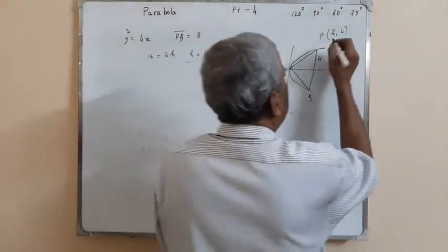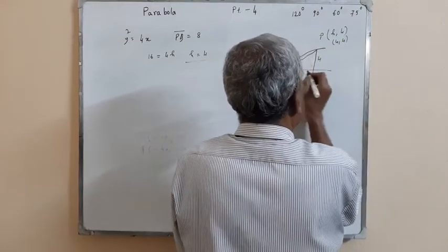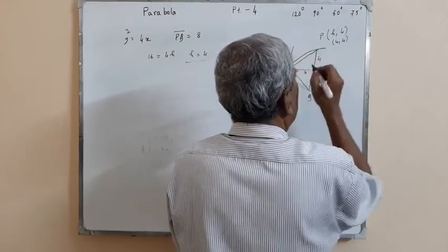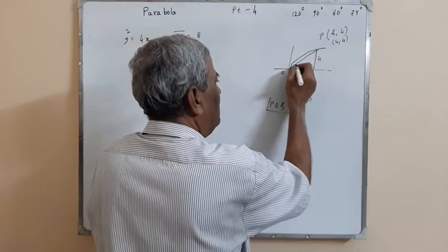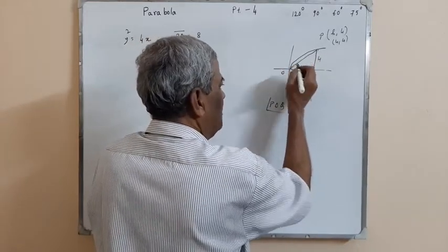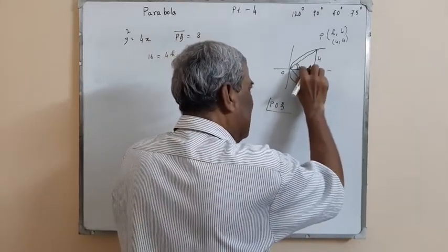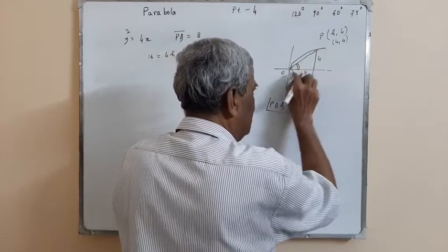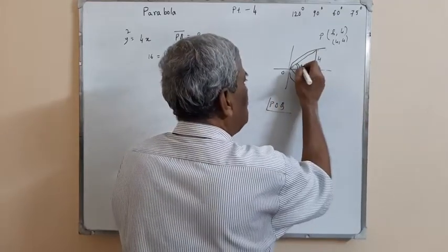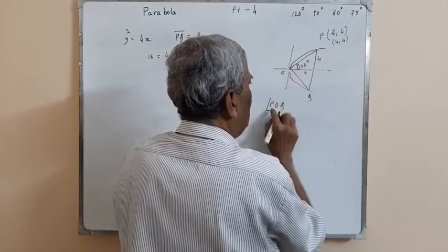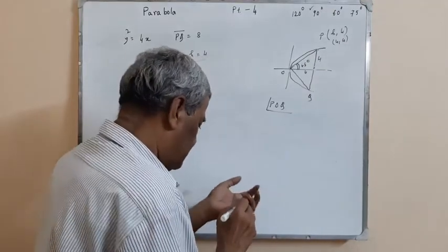So coordinate of P is actually (4, 4). Now it becomes a very simple problem. This angle is actually tan theta is height by base, that is 4 by 4 is 1. So this angle is 45 degree. So our required angle is 90 degree. So this is the correct option.